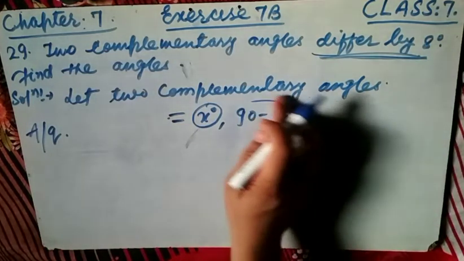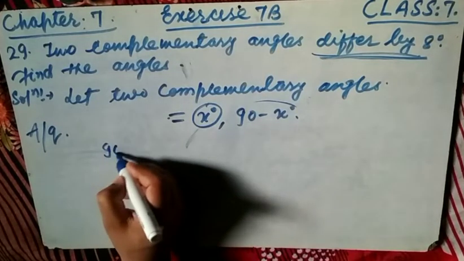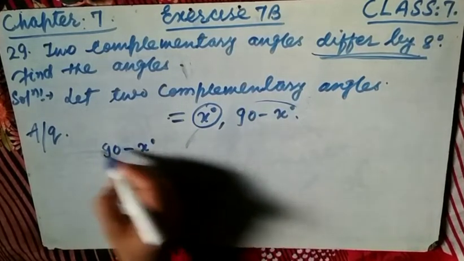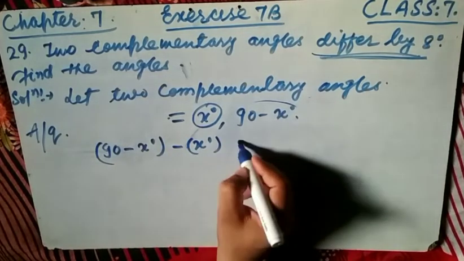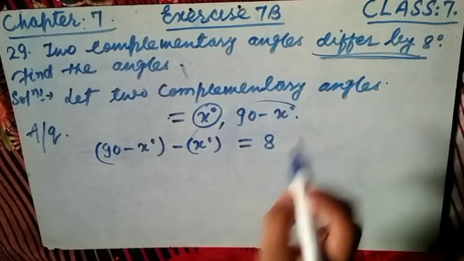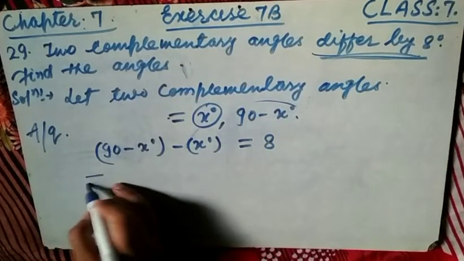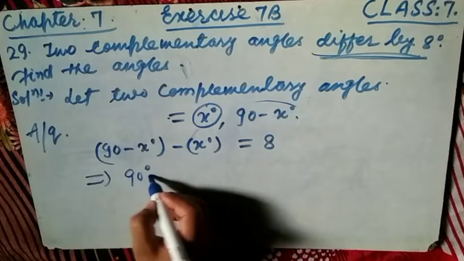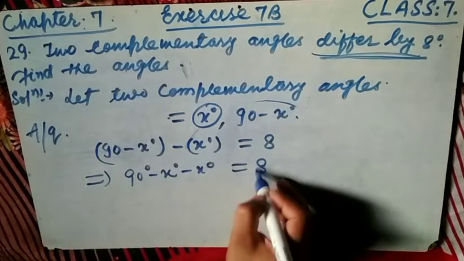Now 90 minus x degree minus this x degree is equal to 8, because they differ by 8, means their difference. So 90 minus x degree minus x degree is equal to 8 degree.